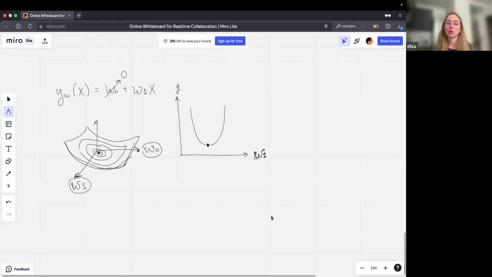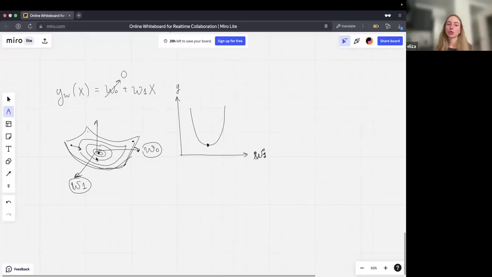You want to go to this point, but you can start from a random point, for example, from this or from this, and your task is moving closer to your point.